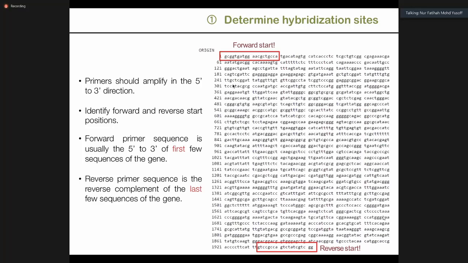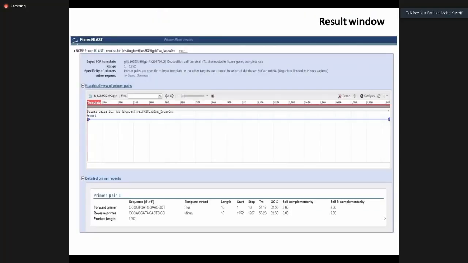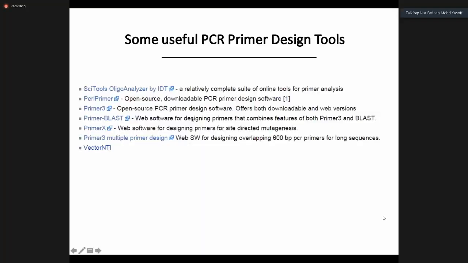You don't have to design from end to end. That is the case for gene expression analysis. And then the last one will be just the other primer design tools that you can use. Any questions so far?